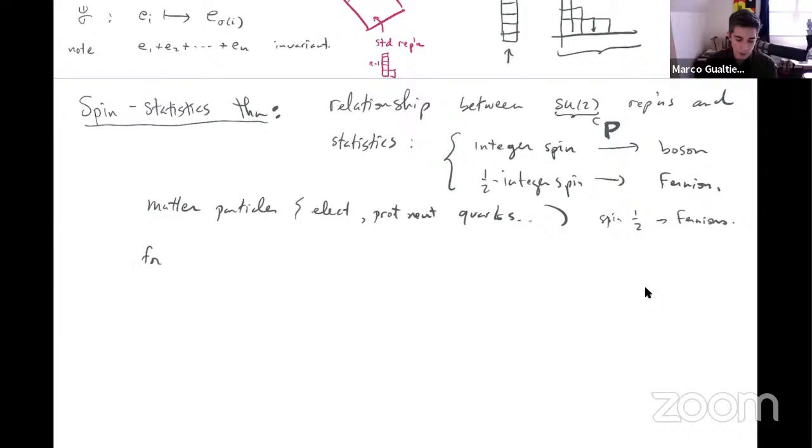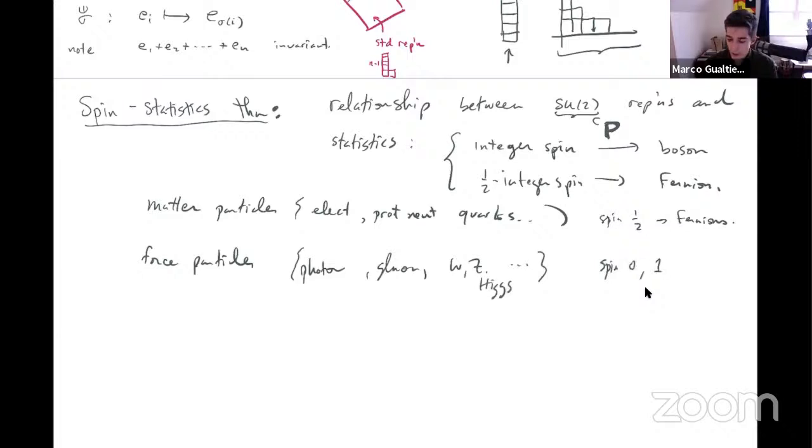And the force particles, photon, gluon, W, Z, etc. These are spin, Higgs, how could I forget the Higgs?